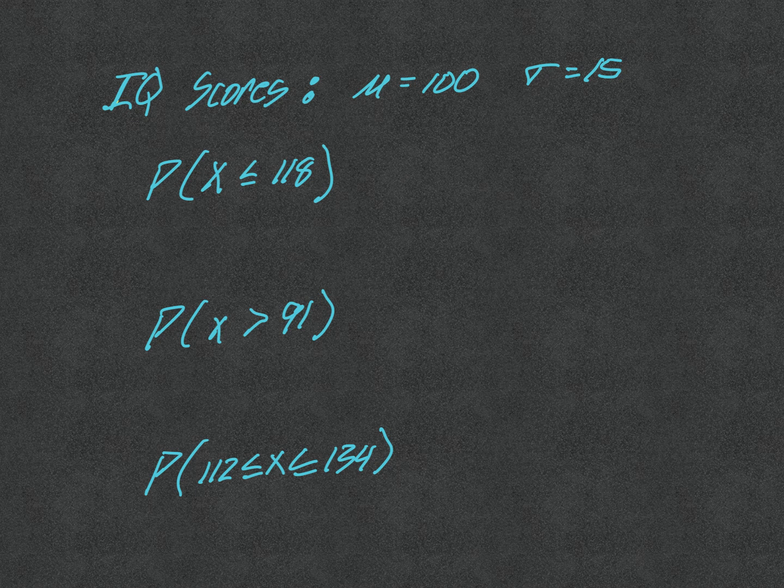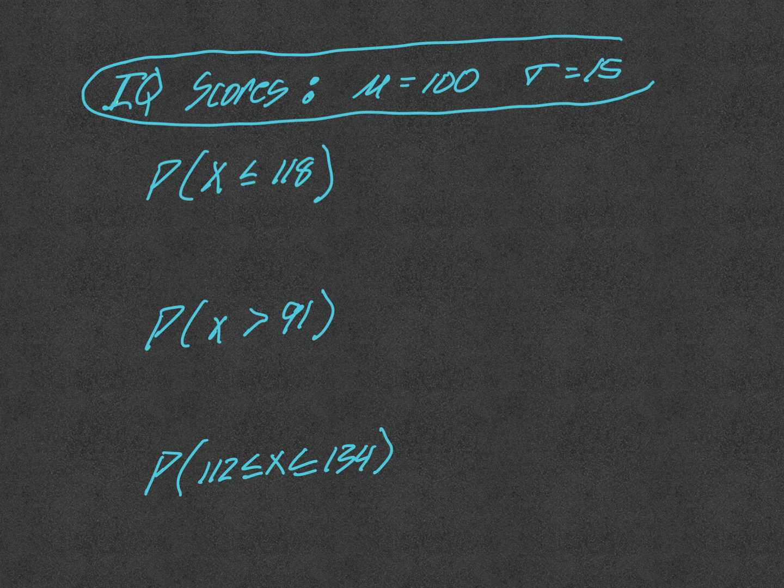So we have three problems here that we want to do. And essentially the problem says if you use the Wechsler IQ test, then the mean is 100 and the standard deviation is 15.